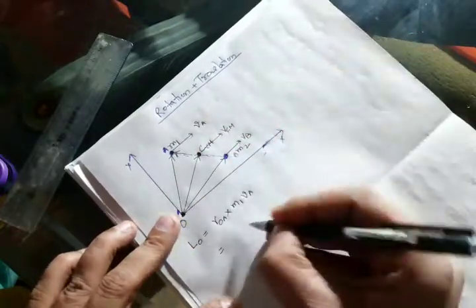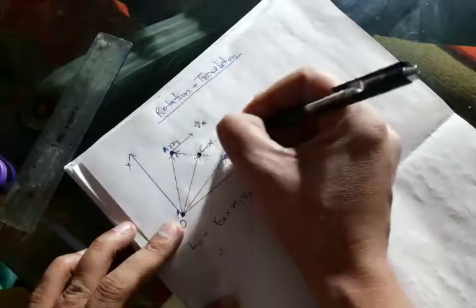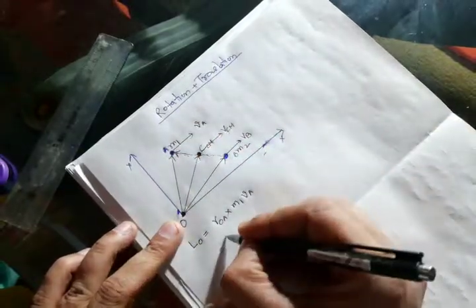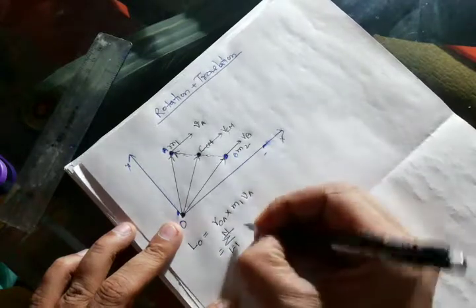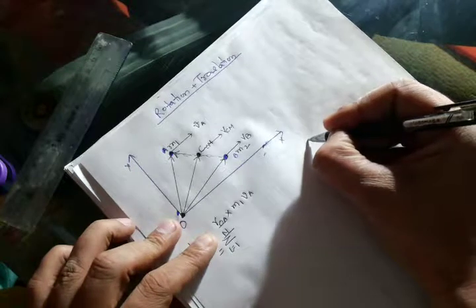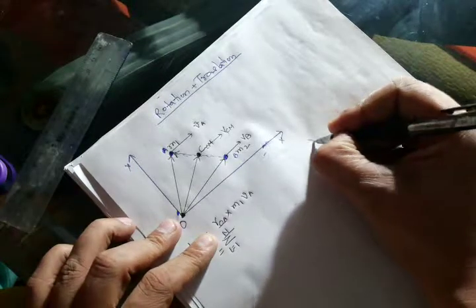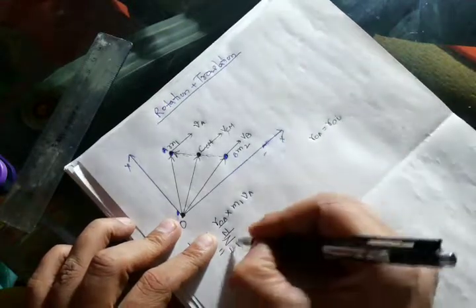Now suppose there are n particles here. This is only mass m1, so if there are n number of masses, we are going to put the summation i equal to 1 to n, and this OA will be ROI.